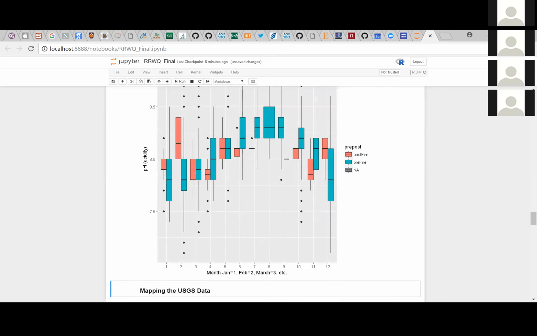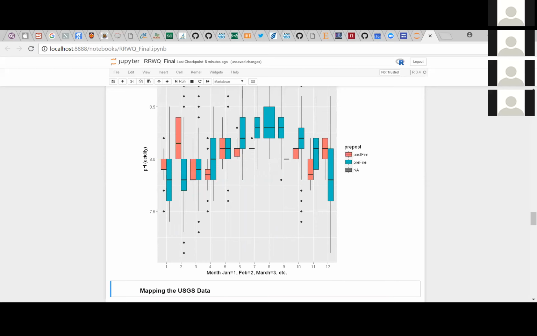So what we're looking at is pH, the same as we were looking at before, except now it's classified. Post-fire is red, pre-fire is blue. So we can really see what those differences are. And one of the first things that we noticed is during the February timeframe there was quite a large difference in the data. It shifted to more basic values.